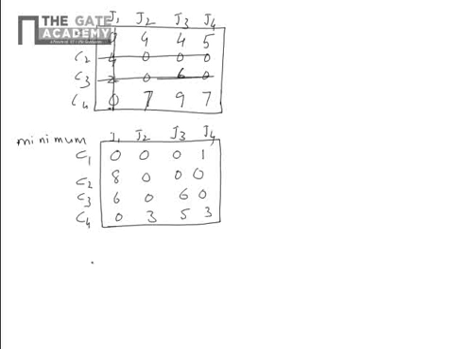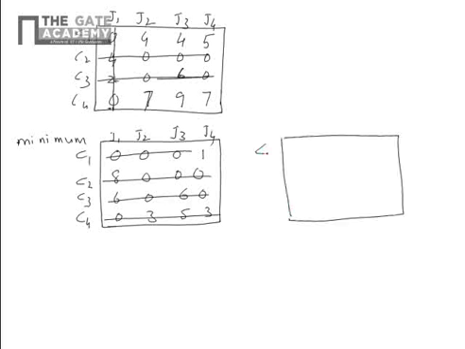Now you get a matrix which requires a minimum of 4 lines to cover. Then you take this matrix and try to assign.